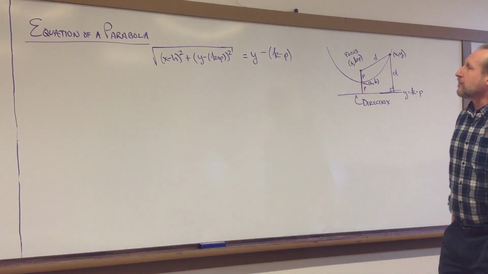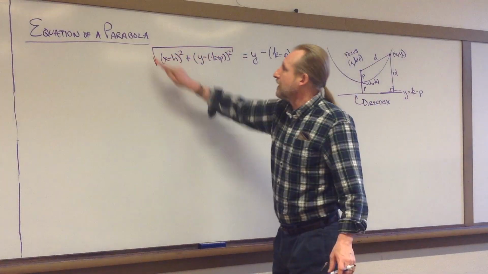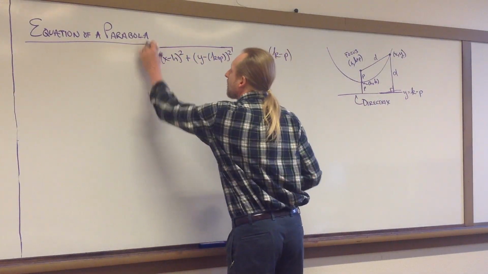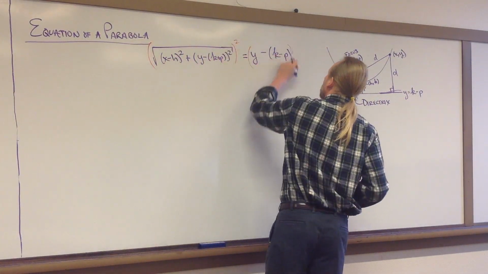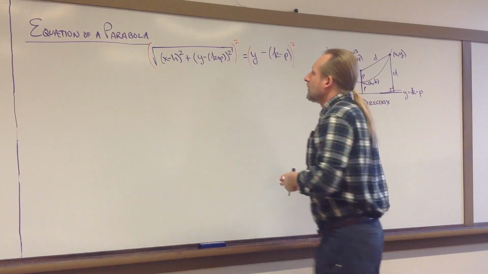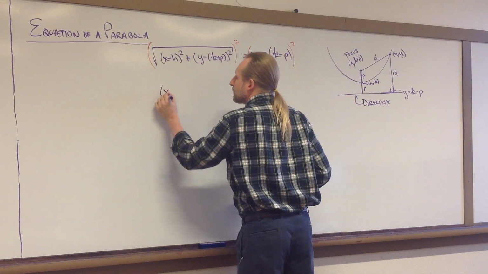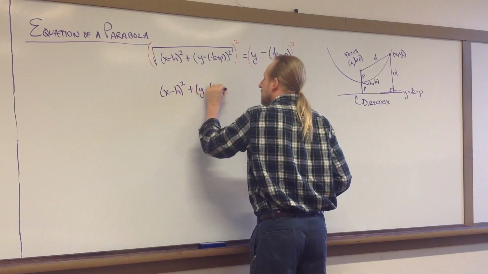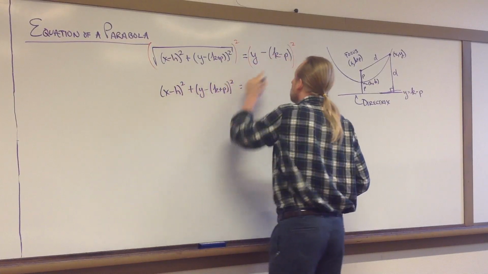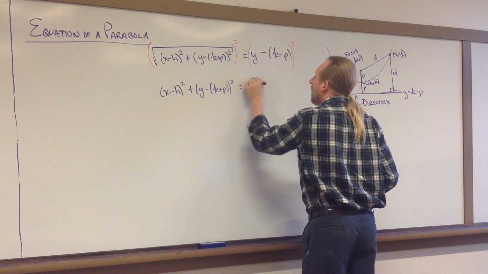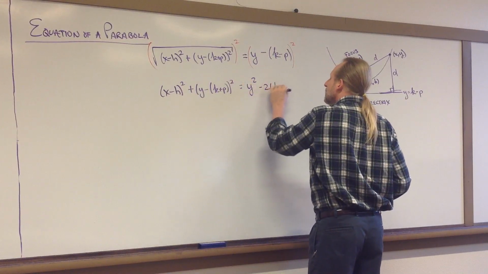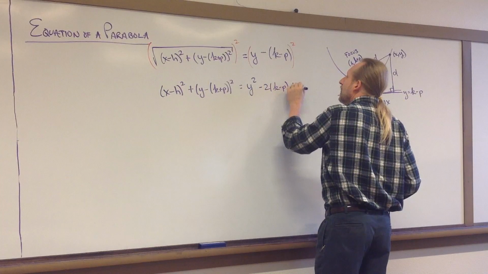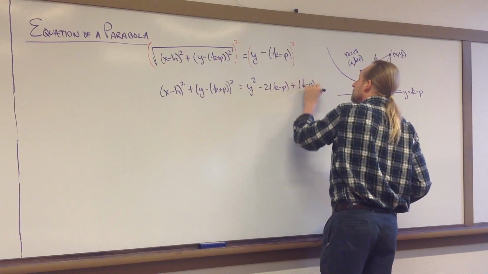So now we have to square both sides so that we get rid of this square root piece, right? Okay. So that'll bring this out from under the square root: (x minus h) all squared plus (y minus (k plus p)) all squared. Now we've got to square this: (y minus (k minus p)) all squared.